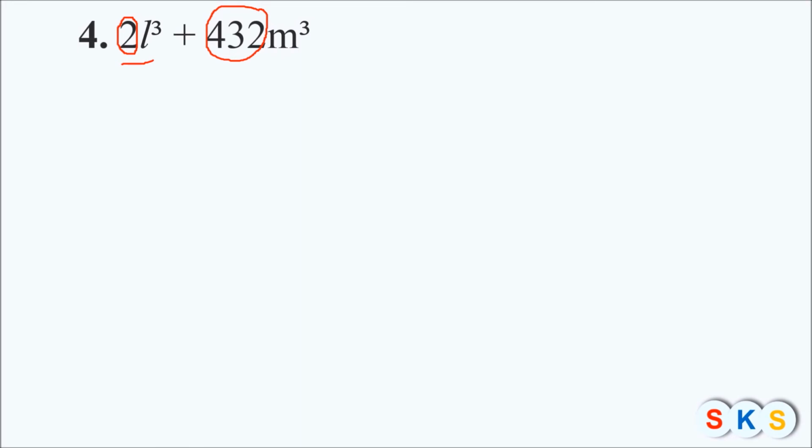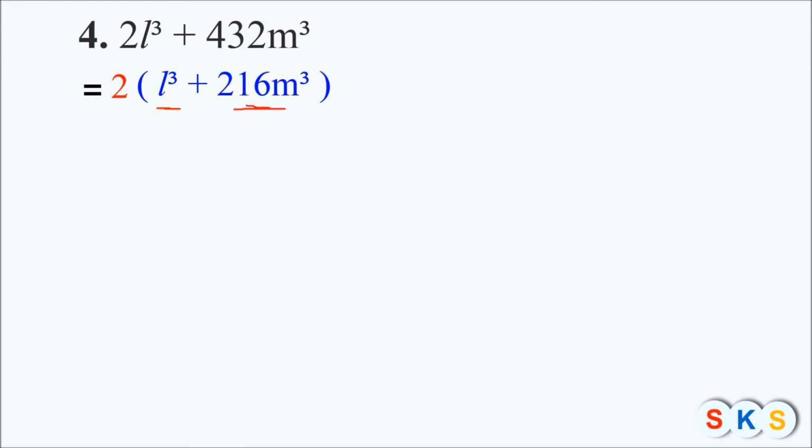If I take 2 as common from both the terms, then both the terms will convert into the form of cube. So 2 I have taken as common in a bracket, and we will get l raised to 3 plus 216m raised to 3. Now the first term of the bracket is l raised to 3, which is the cube of l, and the second term is 216m raised to 3, which is the cube of 6m.